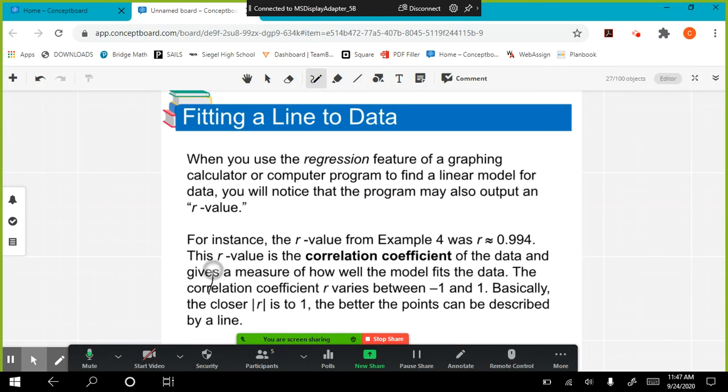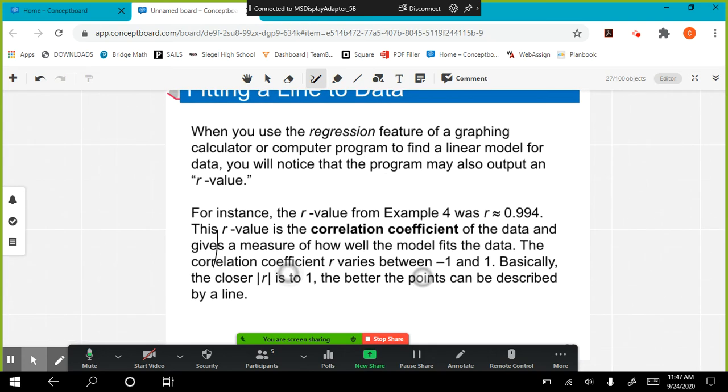For instance, the R value from example 4 was 0.994. This R value is the correlation coefficient. So that R value is what's called the correlation coefficient. It tells you how well this information is correlated and gives a measure of how well the model fits the data. The correlation coefficient R varies between -1 and 1.